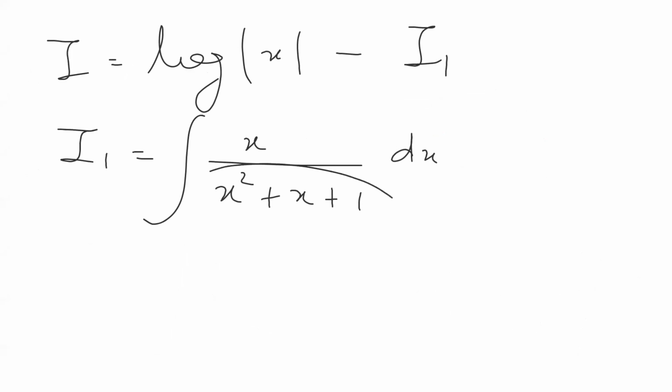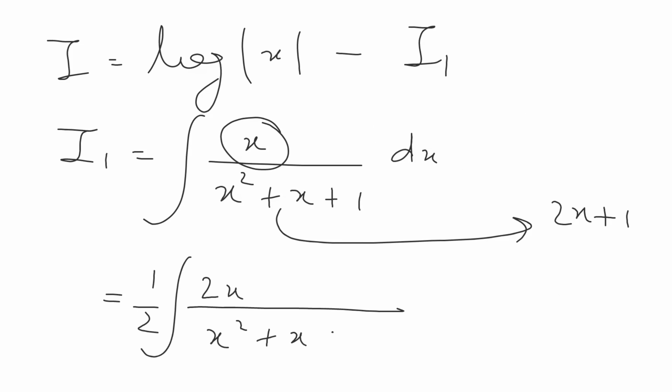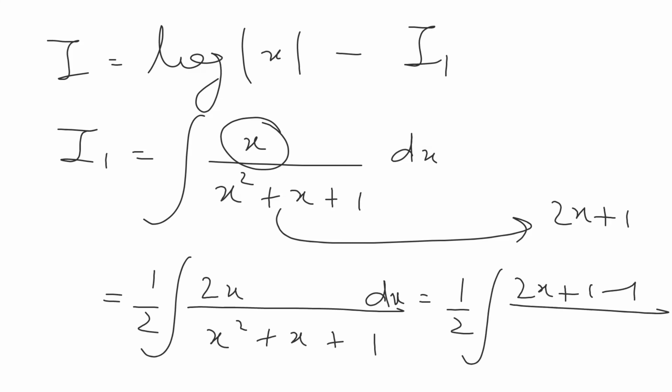Now we cannot factorize the denominator. The derivative of x square plus x plus 1 is 2x plus 1, so we will have to make this as 2x plus 1. First step is multiply and divide with 2. Second step is to add 1 and subtract 1.